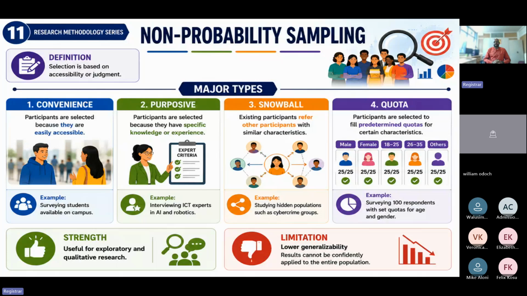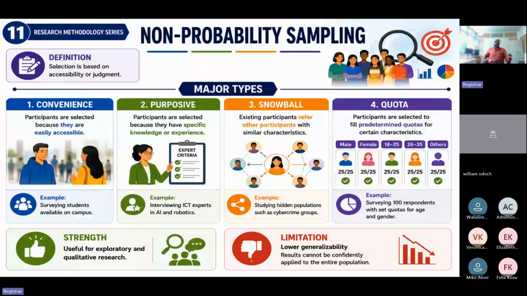But the limitations, as you all know: this cannot exactly be the miniature of the population under study because you are using purposive, convenience, snowball and quota techniques. So how will you ensure every member of the population has an opportunity to become part of the sample? You cannot.